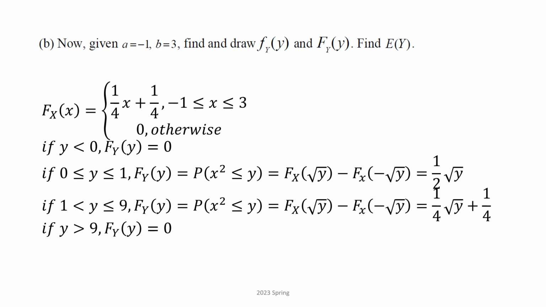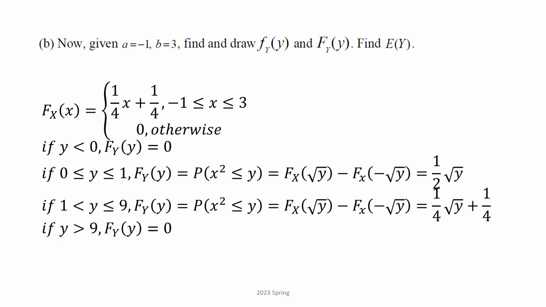In question B, we are given that a equals -1 and b equals 3, and we need to find and draw little fy and big Fy, and we need to calculate the expectation of y.